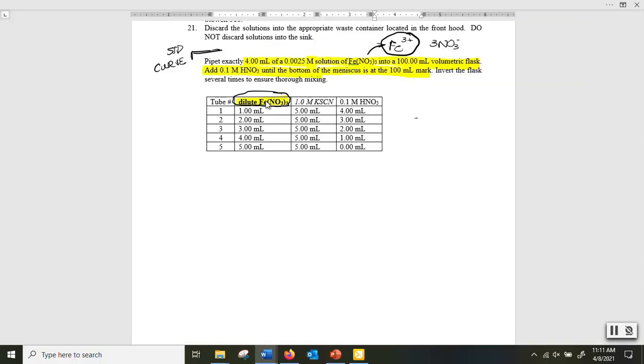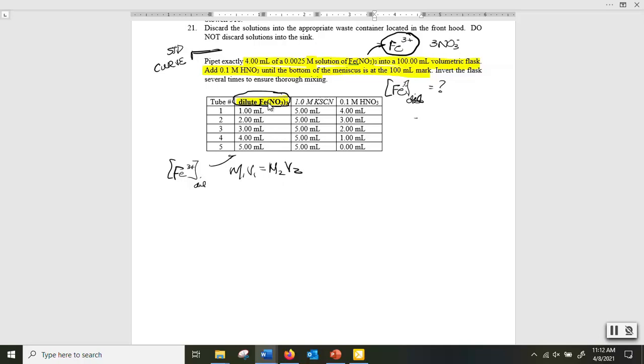But in order to then find the concentration of the iron, we've got to find the concentration of the dilute iron. And this is the dilute. We don't know what it is. So we're going to have to use our M1V1 equals M2V2. So to begin with, what we're looking for is the concentration of iron 3 plus dilute. This guy right here, first column. So M1V1 equals M2V2.